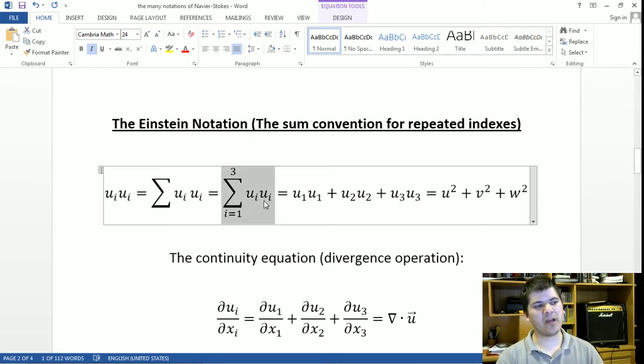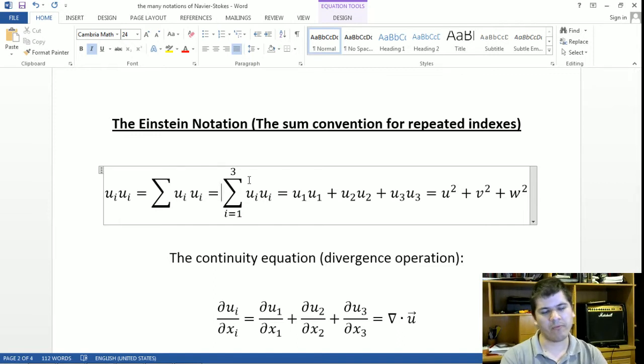It is a compact way to avoid writing the sum. And it goes to 3 because here we are dealing with three-dimensional Navier-Stokes, so we have the three components of velocity. In case you're studying a two-dimensional phenomenon, it will be i equals 1 to 2.